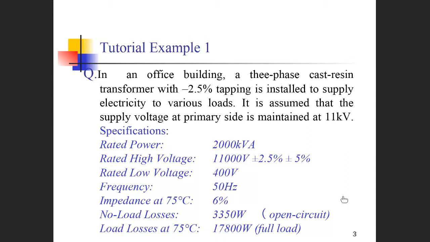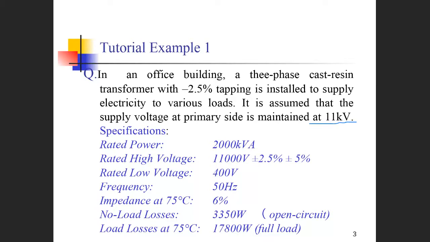So this means that on the primary side, the input voltage has been maintained at 11 kV. But remember that there is a tapping error, so the actual input voltage is lower than this one. Minus 2.5, that's it.